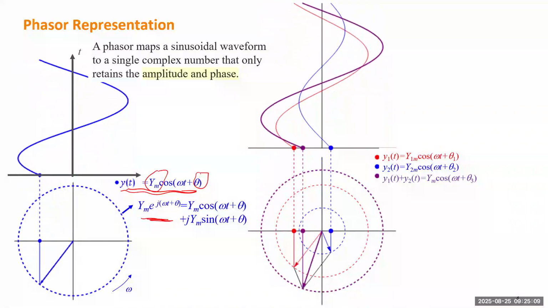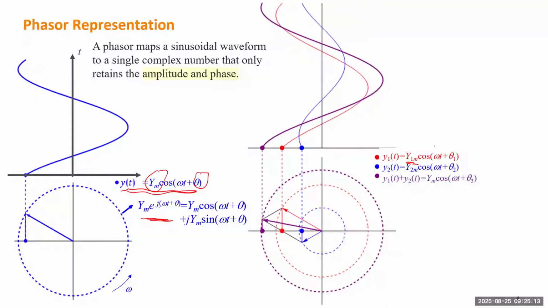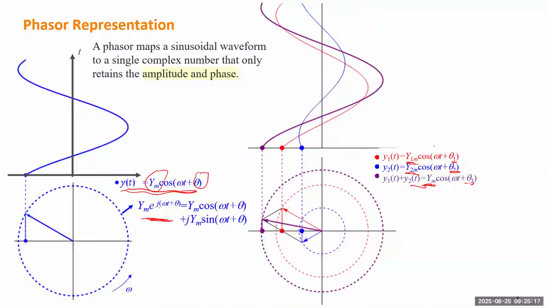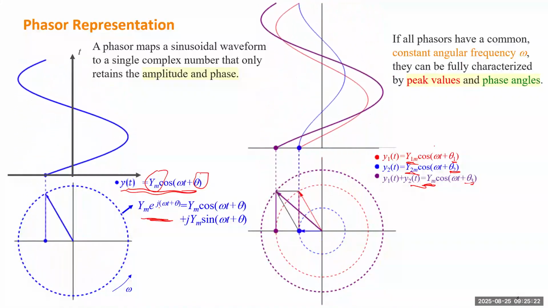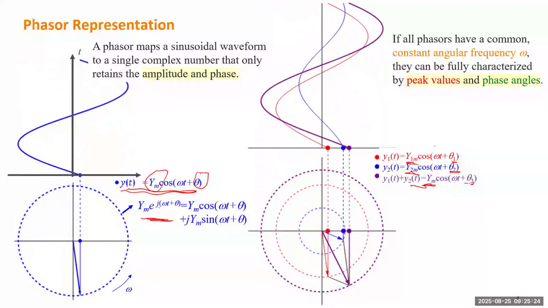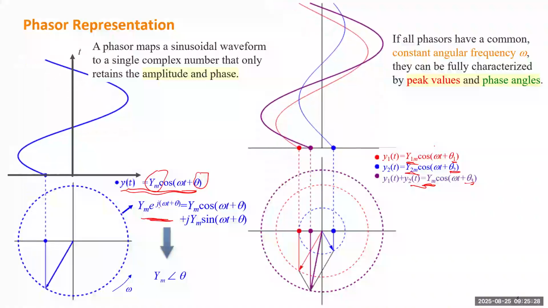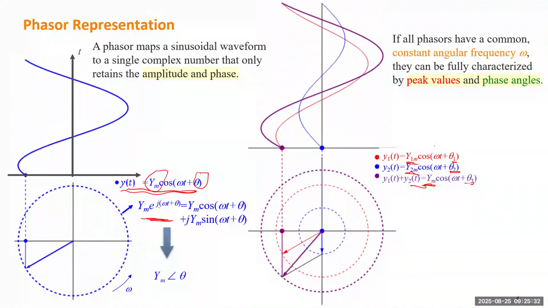We don't really worry about the starting phase. We just capture their peak values and their angles at a certain snapshot, and then we can capture the relationship. So we can define phasors for such waveforms. For the first case, we just use a simple complex number to characterize the waveform.